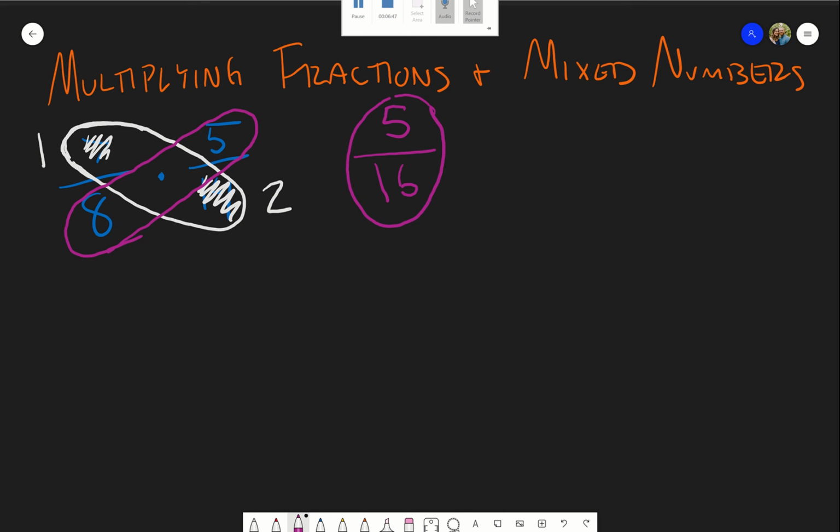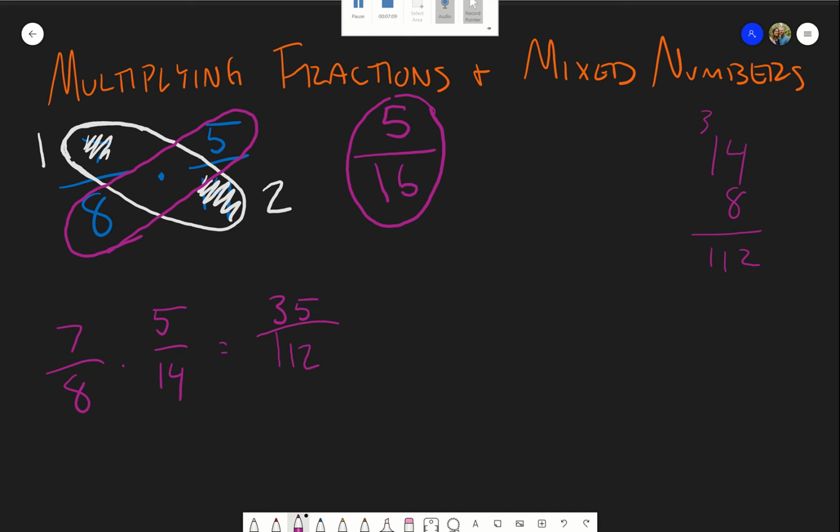For this kind of problem, it's a lot easier to simplify first, because instead of doing 7/8 times 5/14, 7 times 5, well, that's 35. 8 times 14, now I have to write that out. 14 and 8, 32. 8 times 1 is 8, 9, 10, 11. Okay, 112.